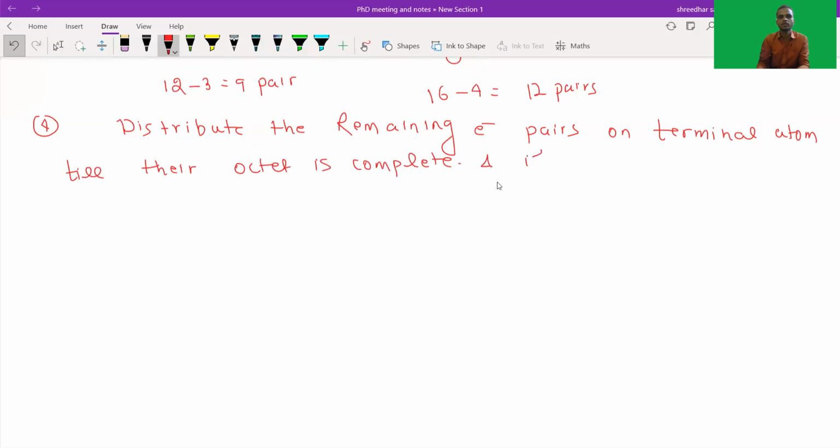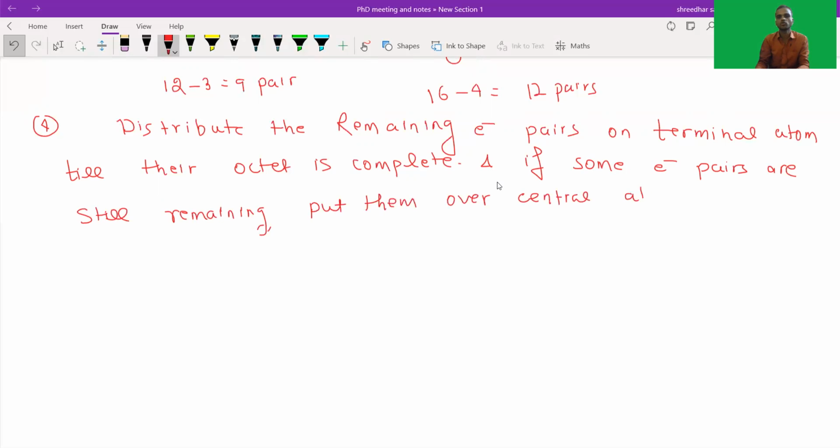And if some electron pairs are still remaining, put them over the central atom, right?